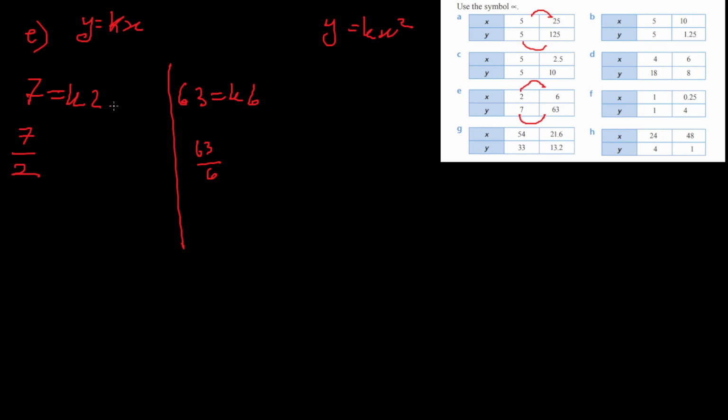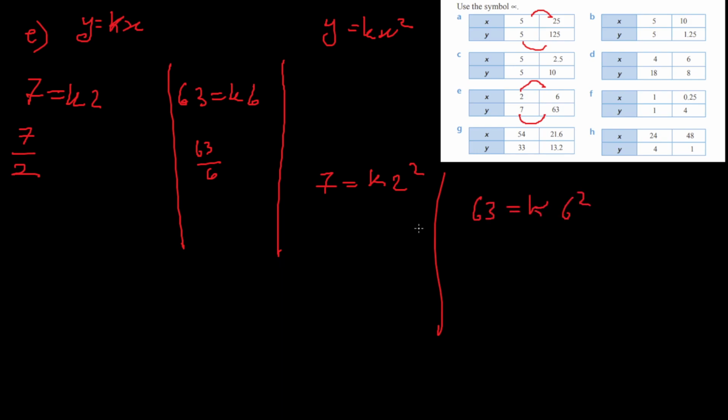So let's try y equals kx squared. Let's plug in the values. So 7 equals k times 2 squared, and 63 equals k times 6 squared.